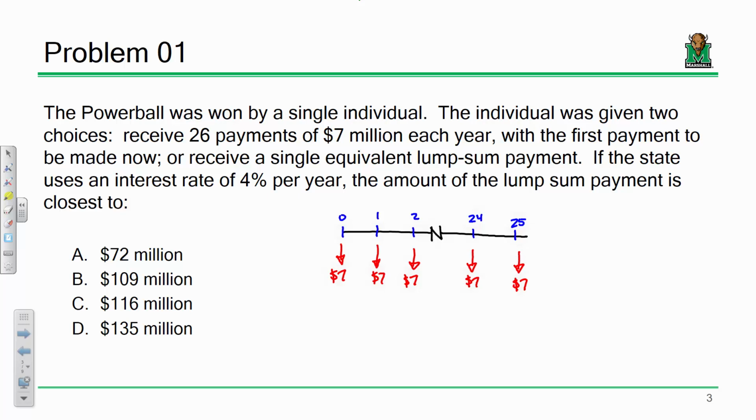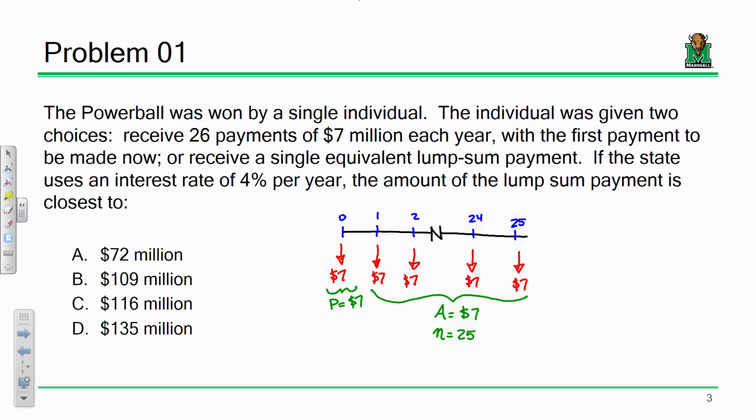So we actually have two values. This is an A for $7 million a year, and it occurs for 25 years, and then we also have this, a present value of $7 million.